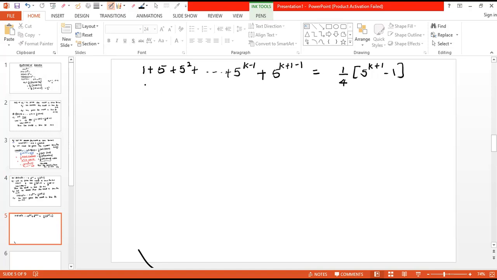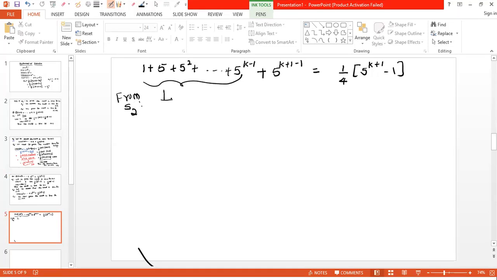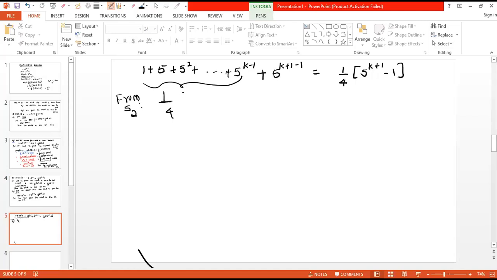Now to prove that, from S2, from the second step we have, this is equal to 1 by 4 into 5 to the power k minus 1, plus, now you can see minus 1 plus 1 cancels here, it is simply 5 to the power k.